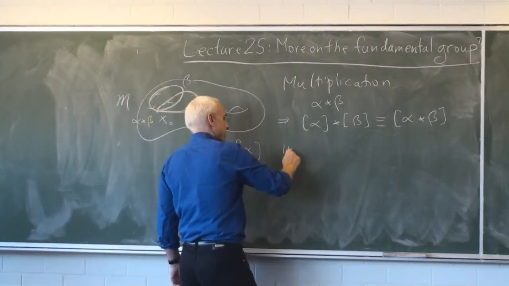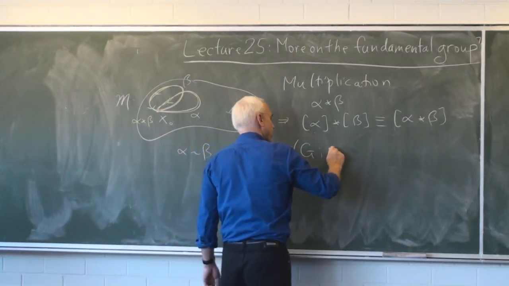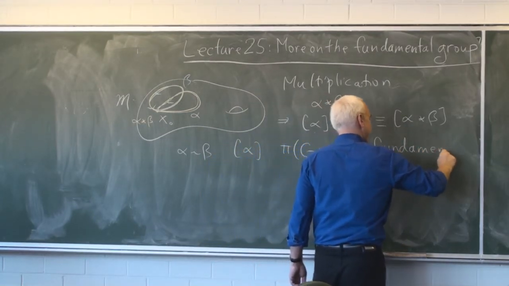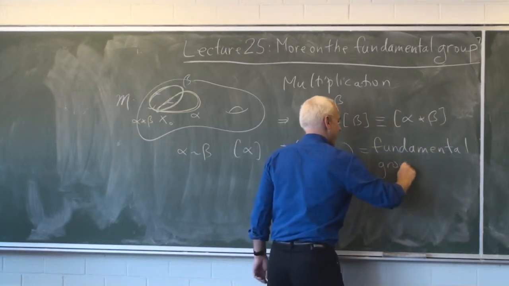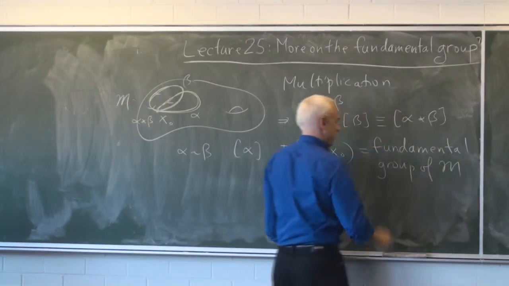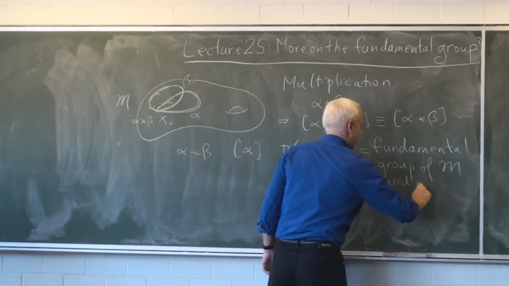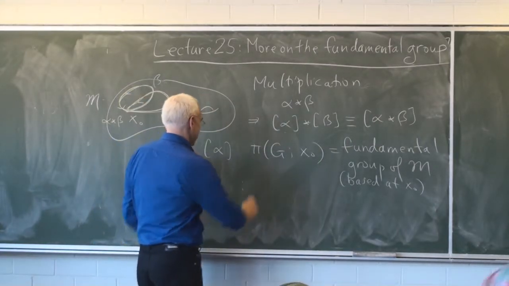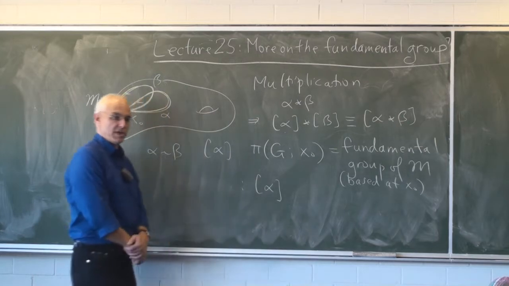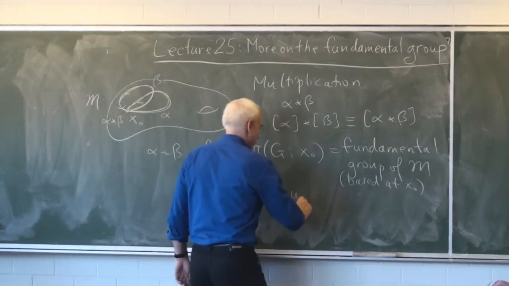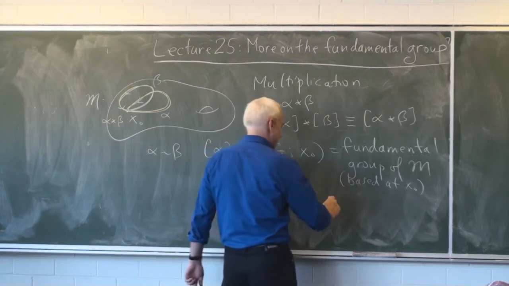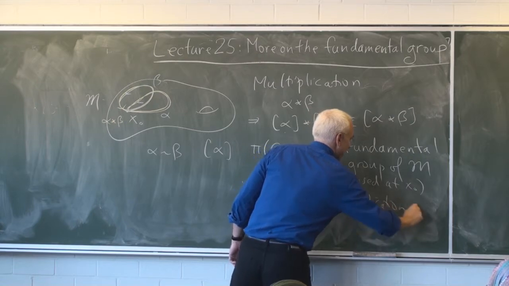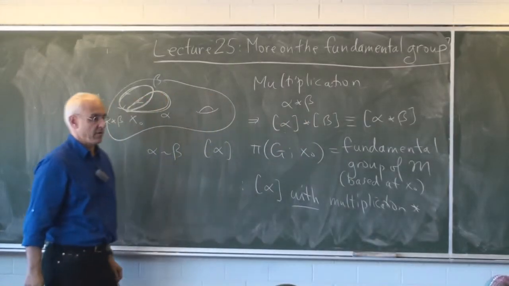And so now we have this fundamental object called the fundamental group of the surface M, based at the point x0. And that is just the equivalence classes of loops alpha together with this multiplication of equivalence classes.